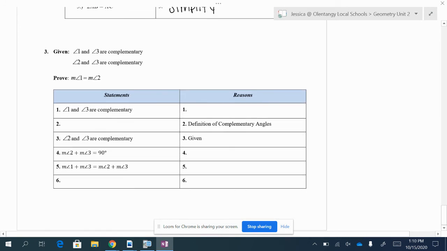And then our last one, given angle 1 and 3 are complementary and angle 2 and 3 are complementary. Remember that complementary angles equal 90 degrees. So here angle 1 and 3 are complementary.